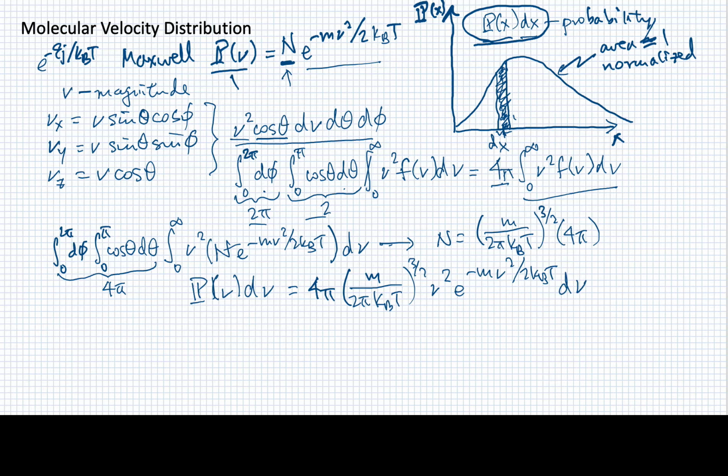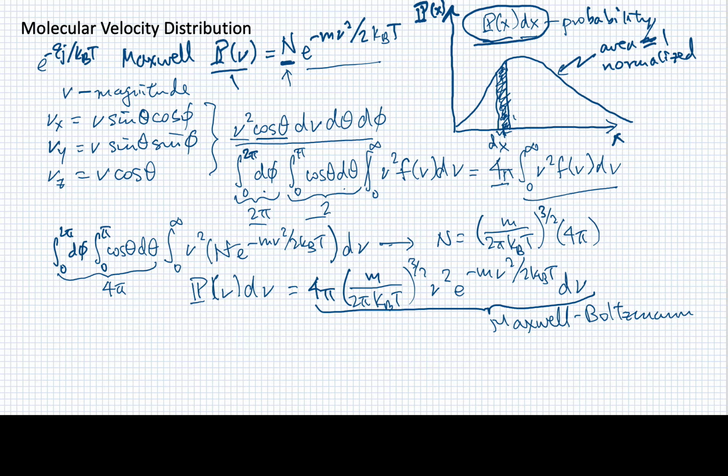So this thing here is the important result that we want to get out of this. This is something called the Maxwell-Boltzmann velocity distribution. And it is the general velocity distribution that we find for all velocities of gases at thermal equilibrium.